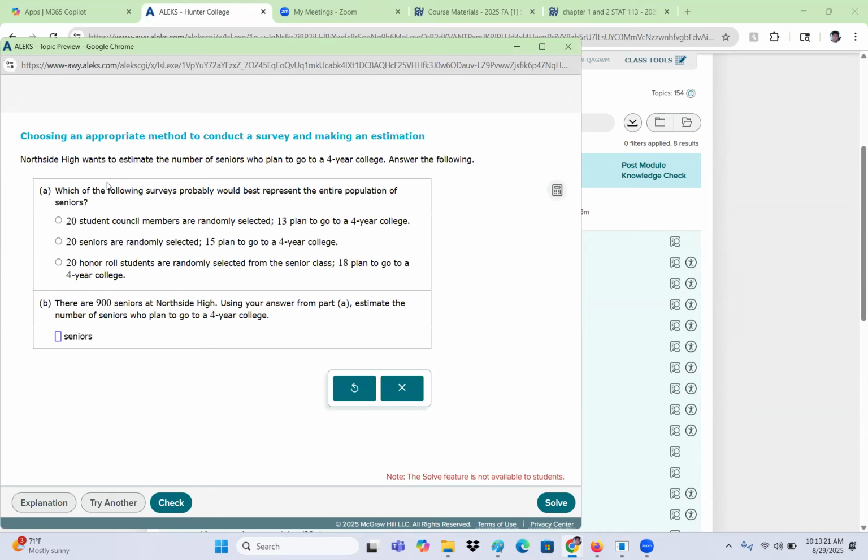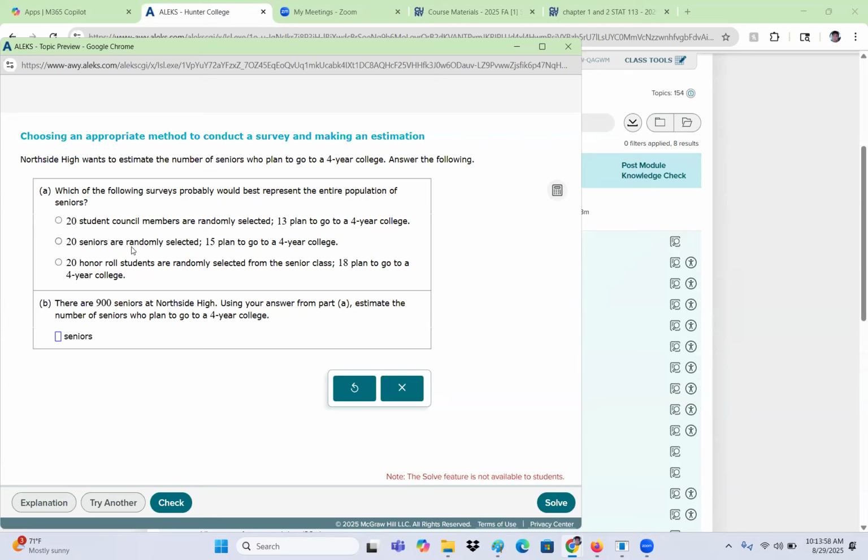All right, so choose the appropriate method to conduct a survey and make estimations. The sample has to be randomly selected. So which one is going to be the correct answer? 20 student council members randomly selected, or 20 seniors randomly selected, and 15 plan to go to a 4-year college.